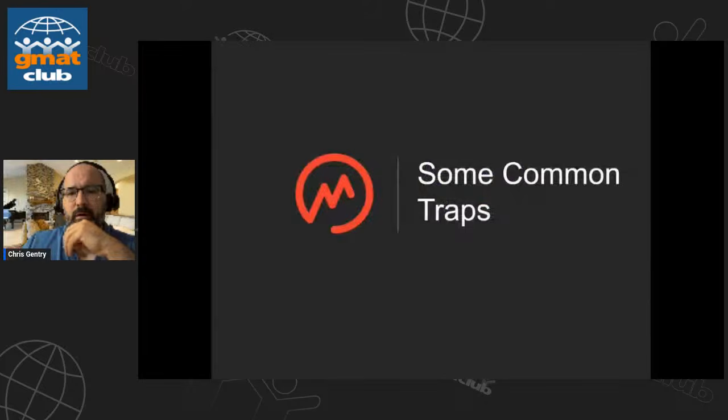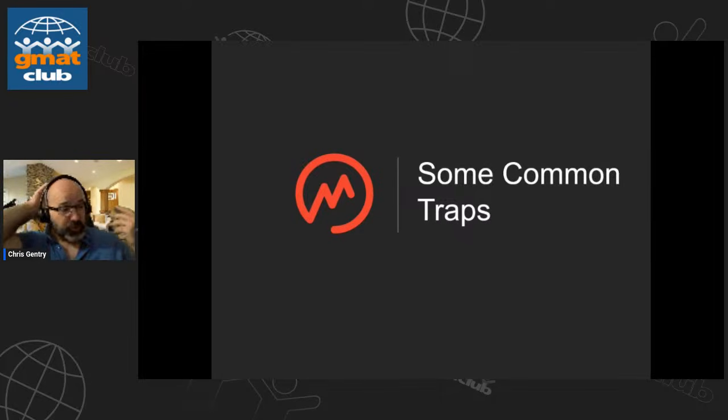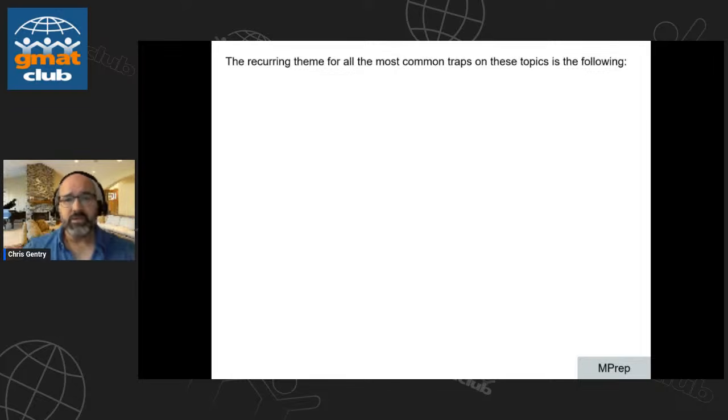Beautiful. All right. Common traps. I say traps plural as though there's more than one. They will present it in more than one way, but fundamentally, there's really just one trap for all these topic areas, and that is they are not numbers. Now, that's always true for a percentage.